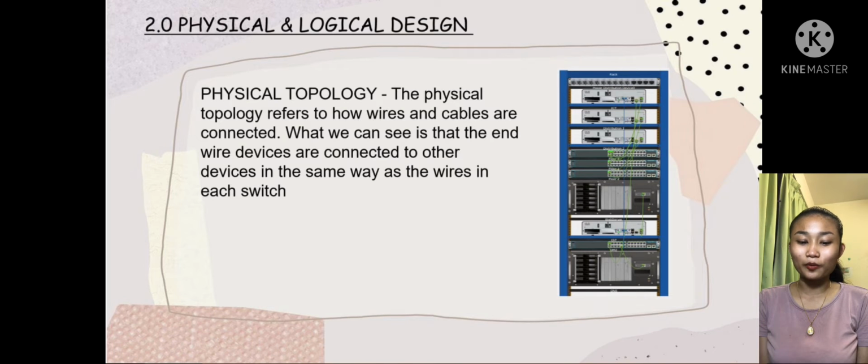For the physical topology, the physical topology refers to how the wires and cables are connected. What we can see is that the wired devices are connected to other devices in the same way as the wires in the east switch.